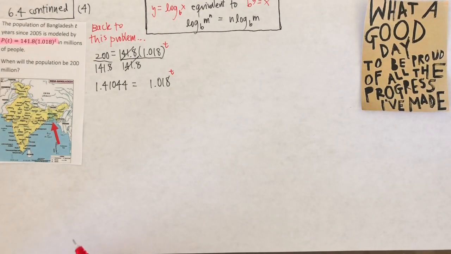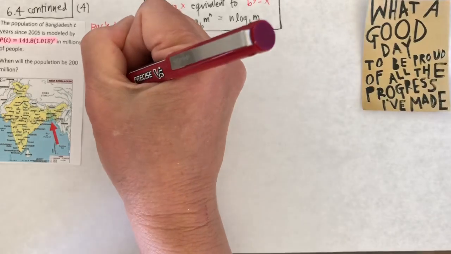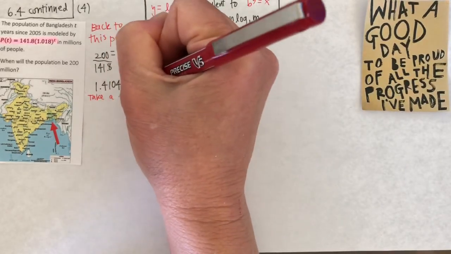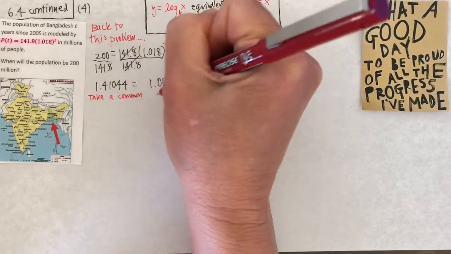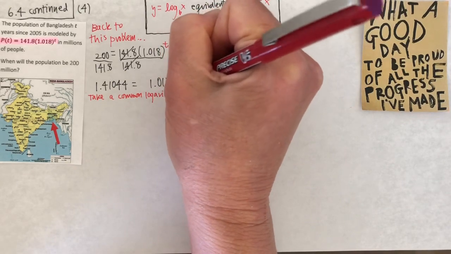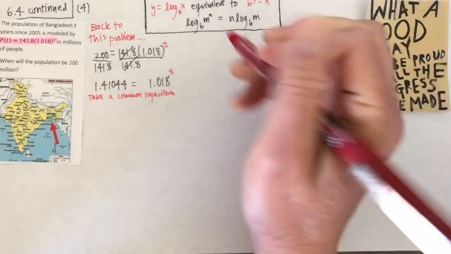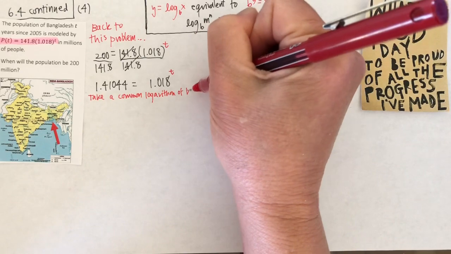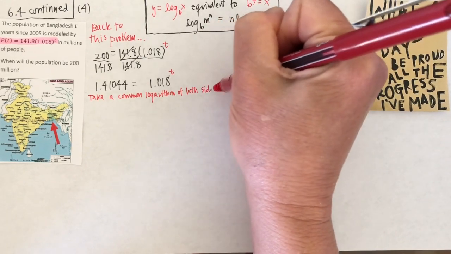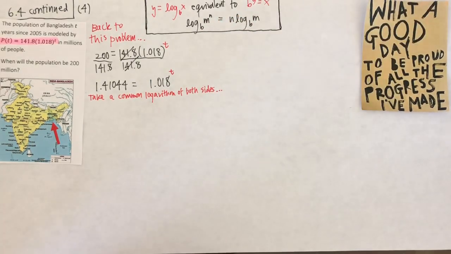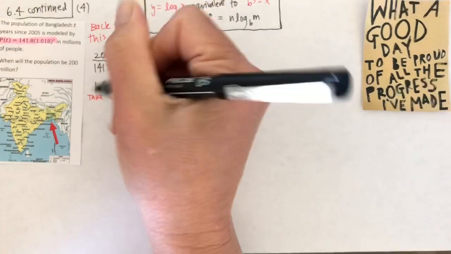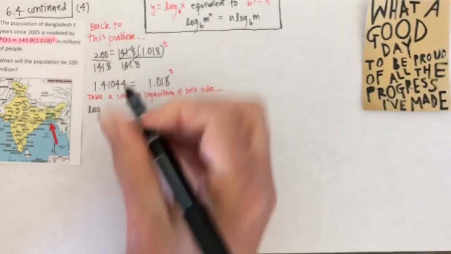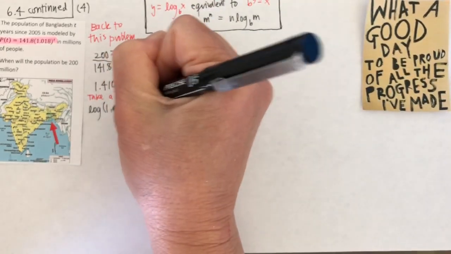I'm going to take the logarithm of both sides, and I'm going to take a log to the base 10. So the common logarithm of both sides. I'm going to say log to the base 10, but when it's base 10, I don't have to write it.